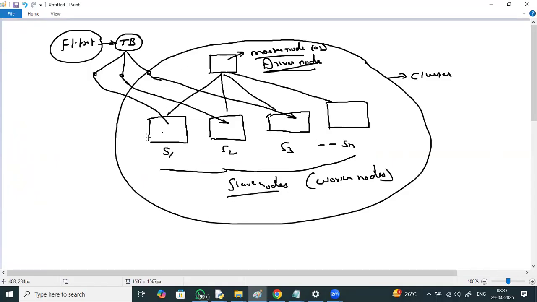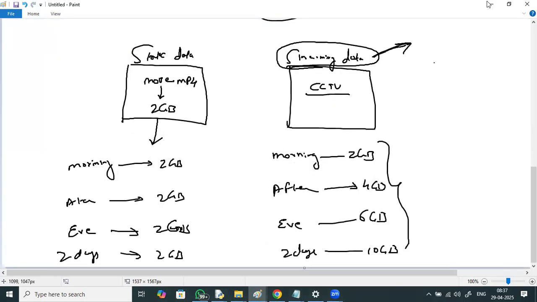Your data will be distributed across multiple workers, and the data is processed by multiple workers in parallel. So it requires a cluster.